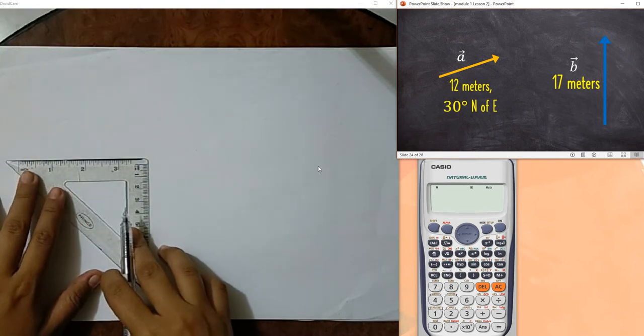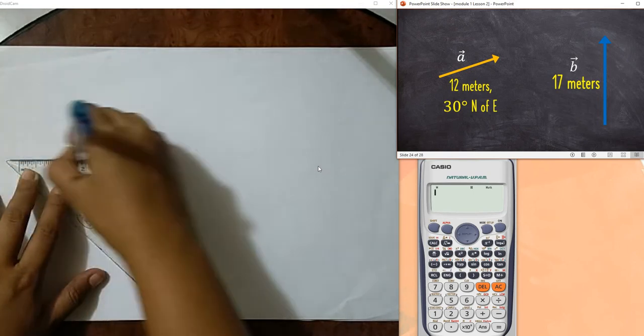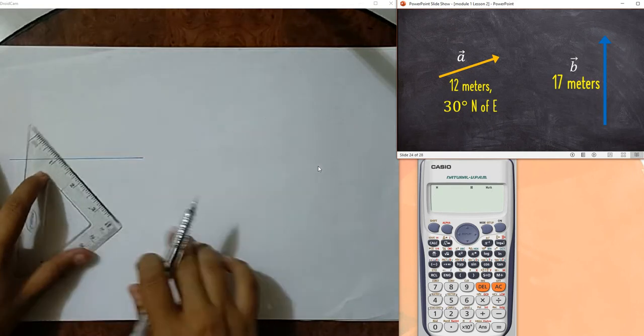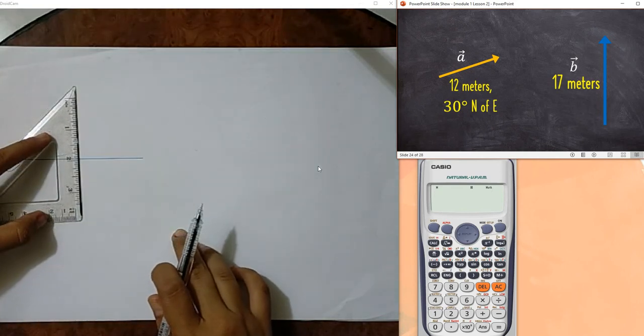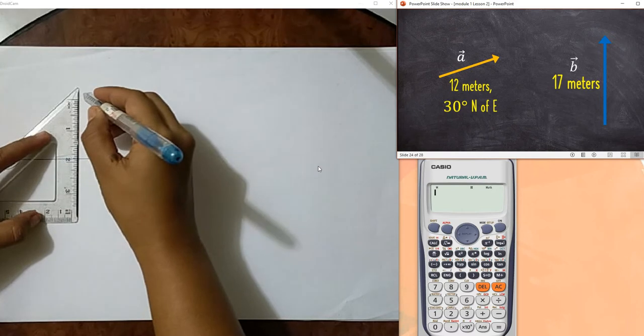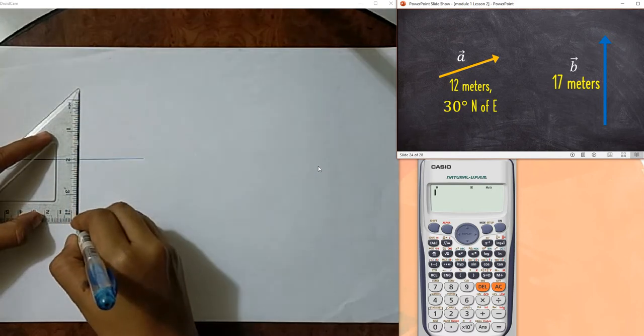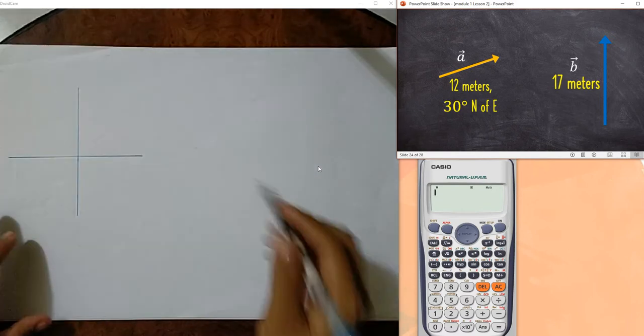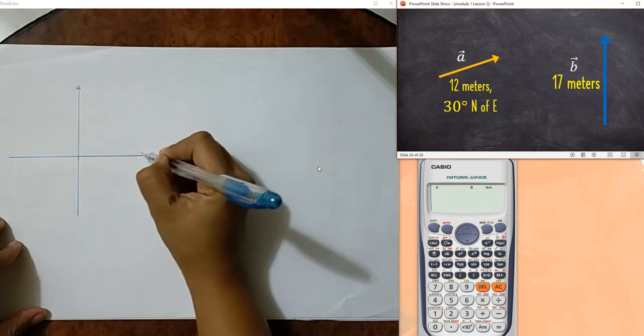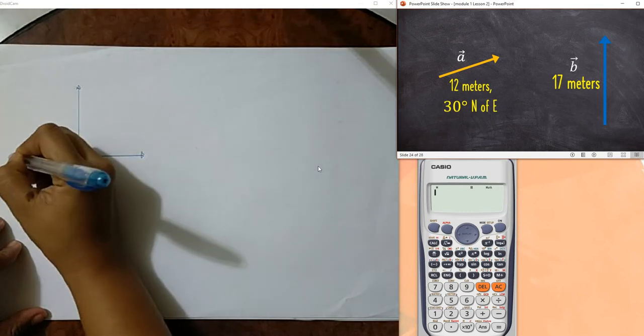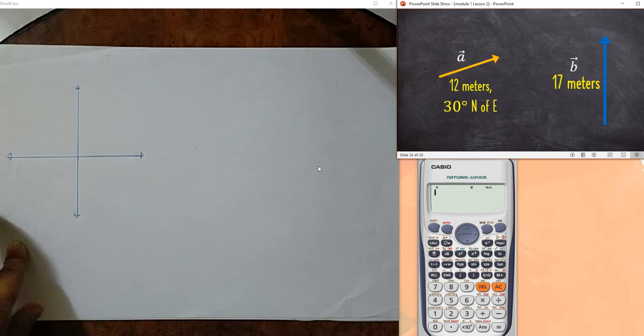So this is for the x-axis, and this is for the y-axis. Okay, let us plot our vector A.